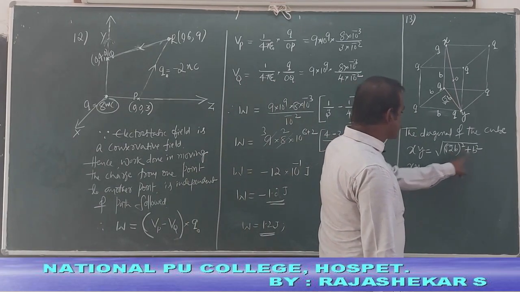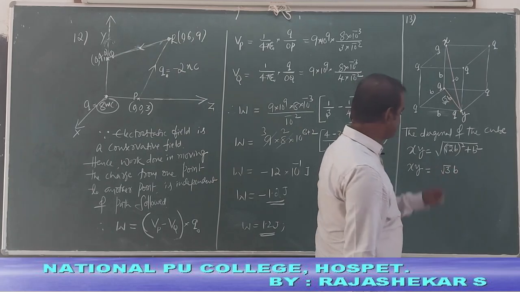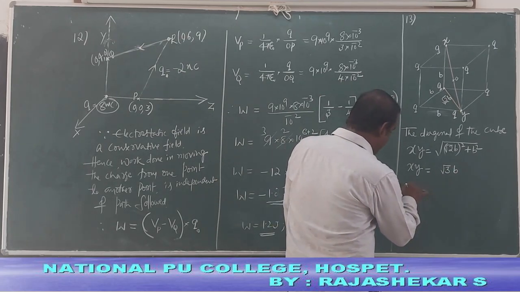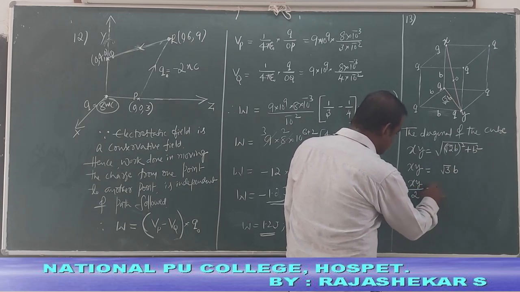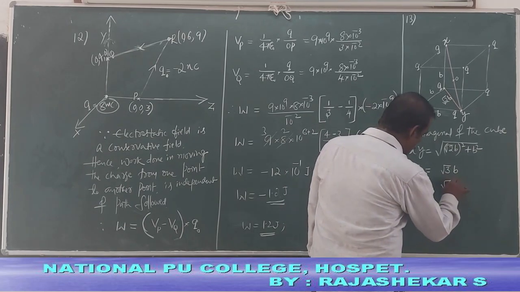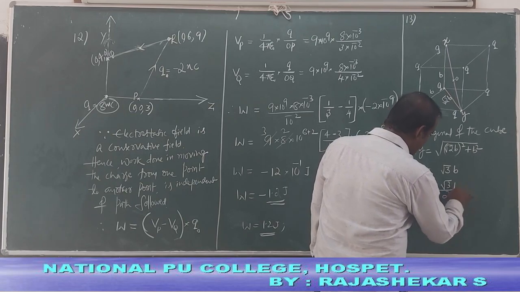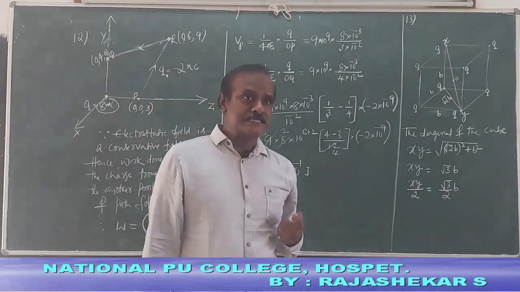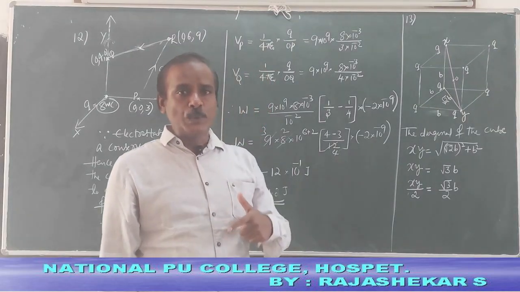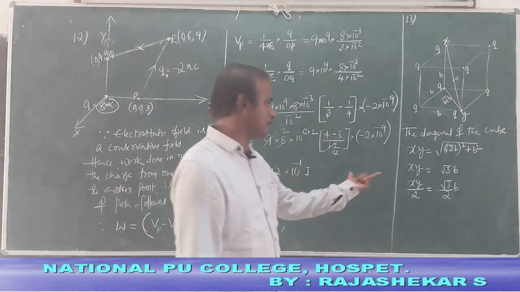Because 2 plus 1 is 3, root 3b. And what is XY by 2 we want, which is equal to root 3 by 2 into b. Why XY by 2? XY by 2 gives the distance from the center of the cube to every corner, remember.